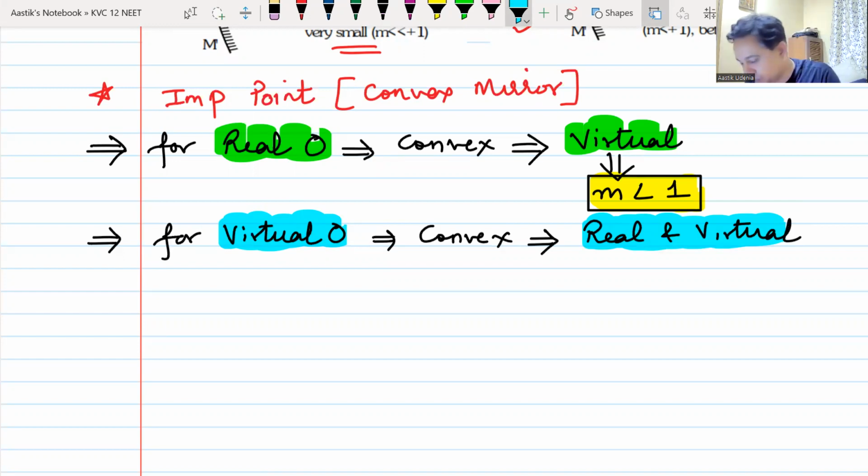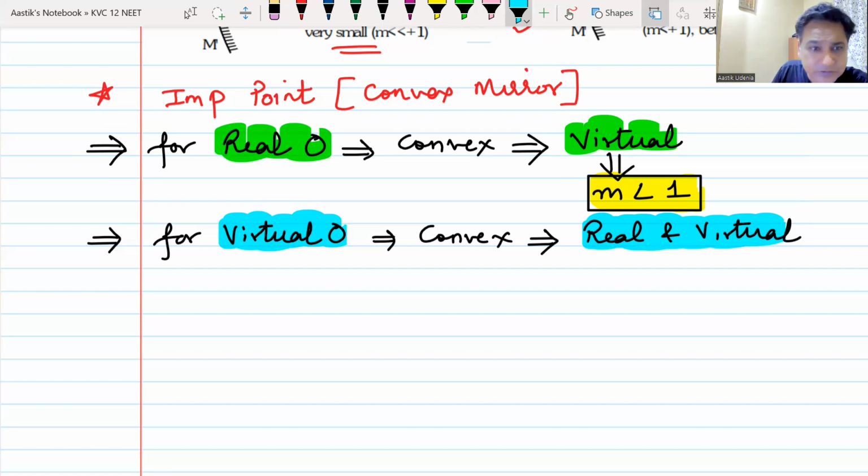Yes, sir, how can it form real image, sir? Not a matter of how it forms, it forms. And I'll show it to you, don't worry. Not by means of a ray diagram.